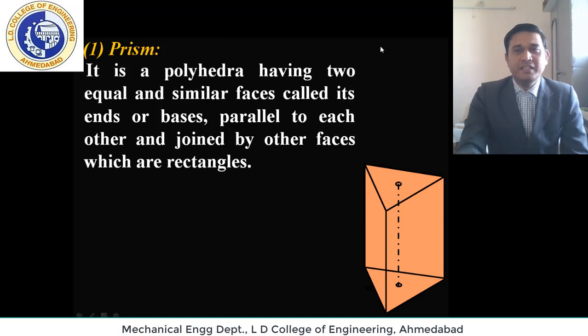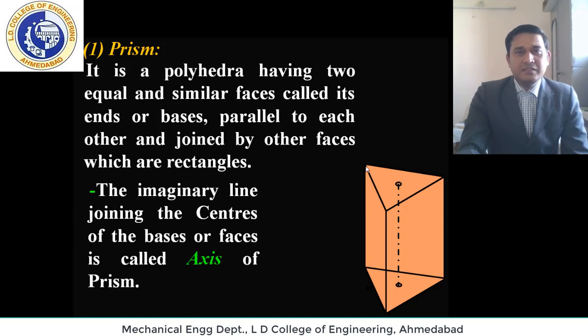Here you can see this is a triangular prism. It is classified based on the shape of the faces. This is the triangular face, this is the top base and this is the bottom base. You can see that the top base and the bottom base have the same shapes and are parallel with each other.